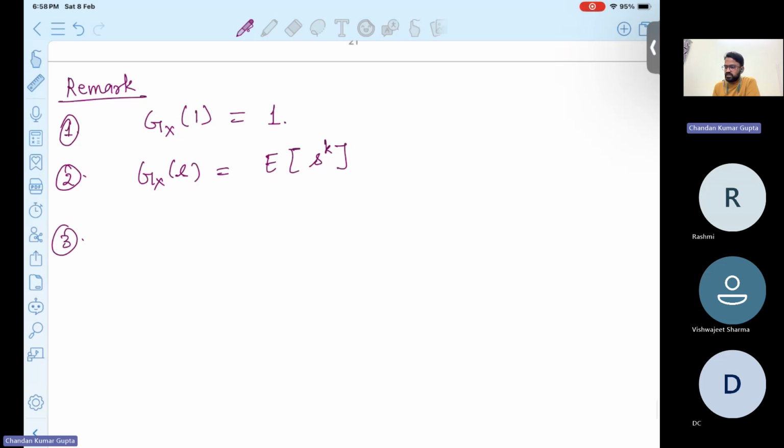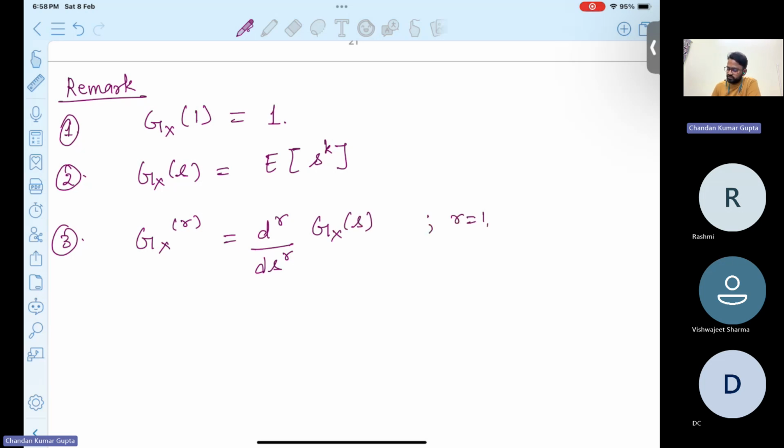Also, the third one is, suppose G_X^(r), where r is the rth order differentiation. That means d^r over ds^r of the PGF, for r equal to 1, 2, and so on.